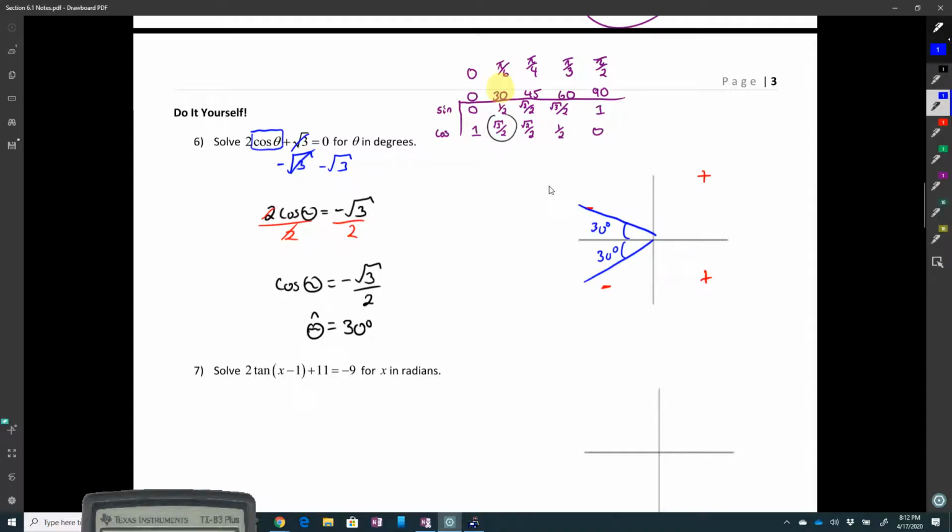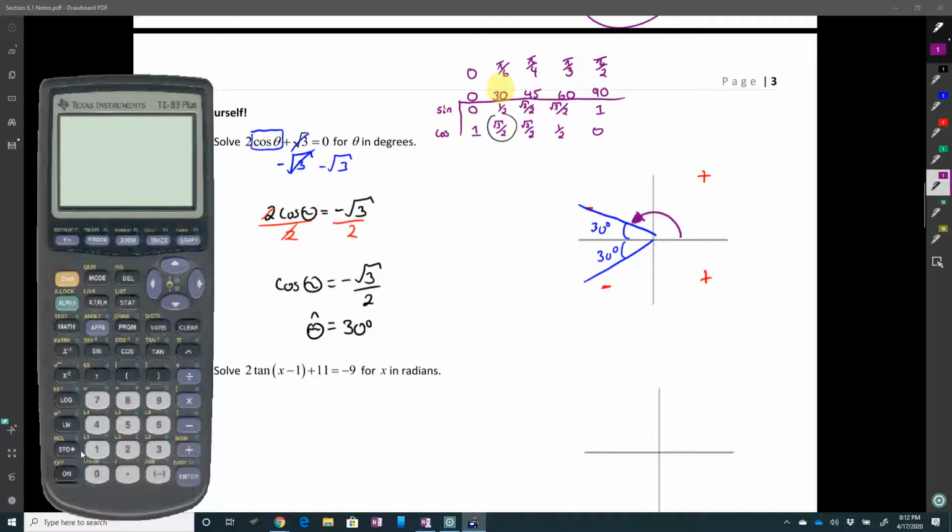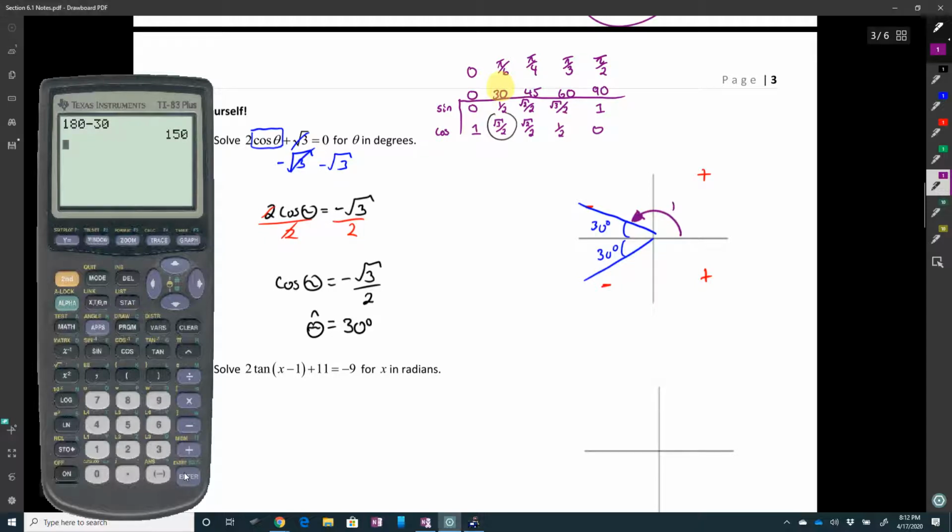So, as far as what my angles must be, this first angle from 0 to there, well, you would do 180 minus 30. That's 150. And then the other angle goes all the way to the other one, but that's just 180 plus 30.